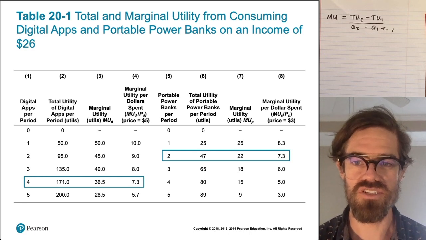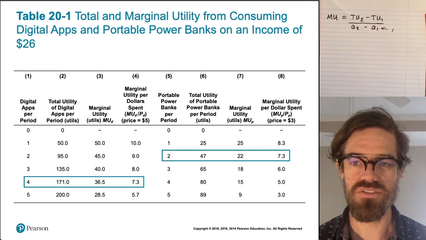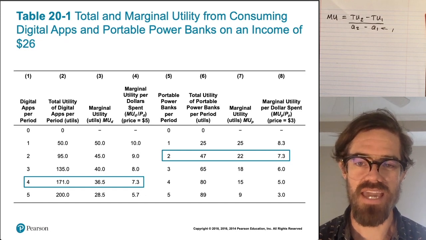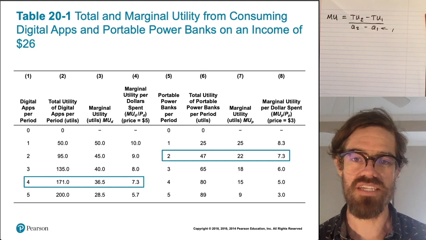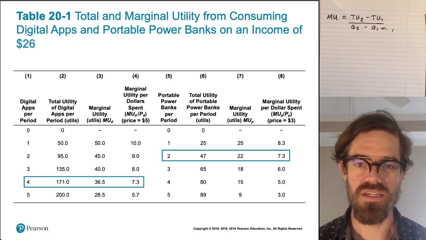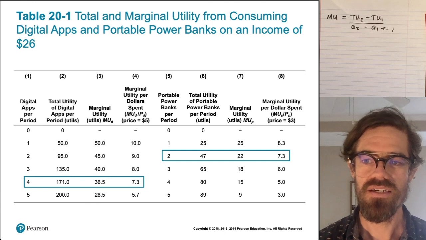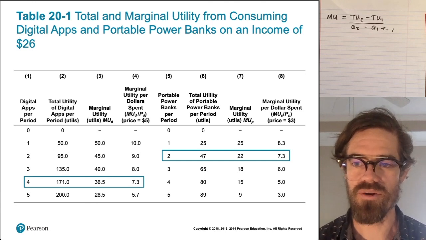So for the first digital app, it provides a marginal utility of 50 utils. And since the app costs $5, it's basically 10 utils per dollar spent. And this is going to be important as we move forward talking about consumer optimum. So keep that in mind. Now let's look at portable power banks. Okay, so we see something similar.